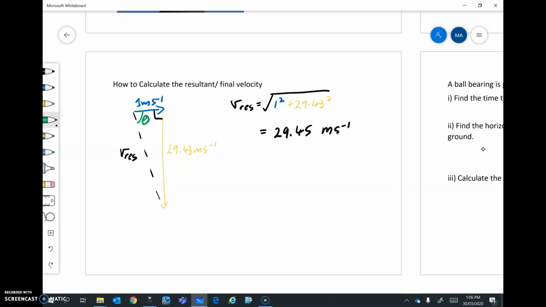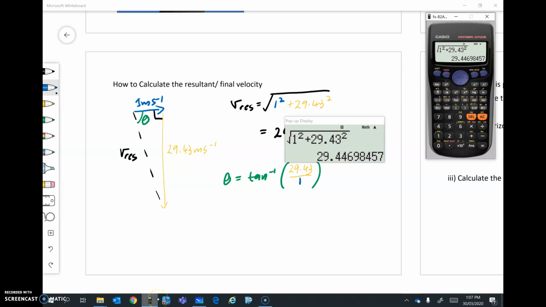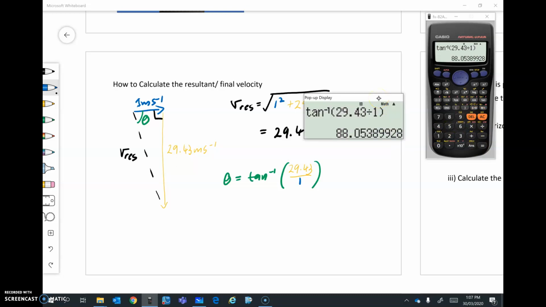So we can use the inverse tangent of the opposite side, the vertical velocity, divided by the adjacent side, the horizontal velocity. And that gives us 88.1 degrees.